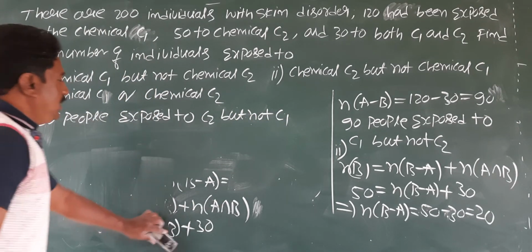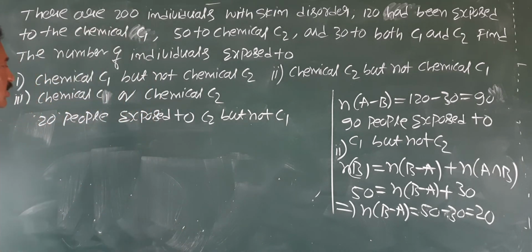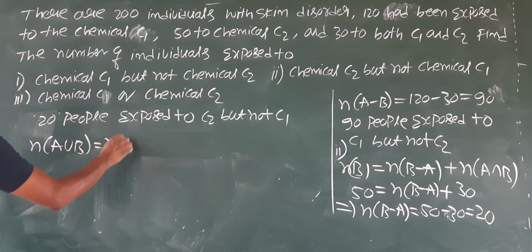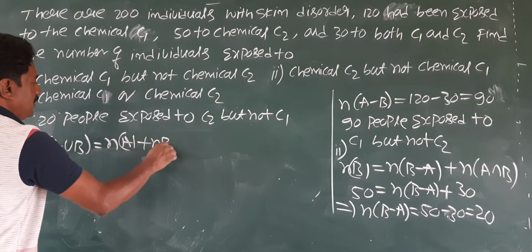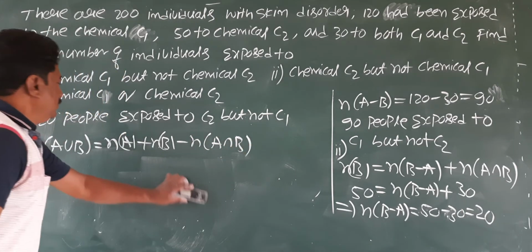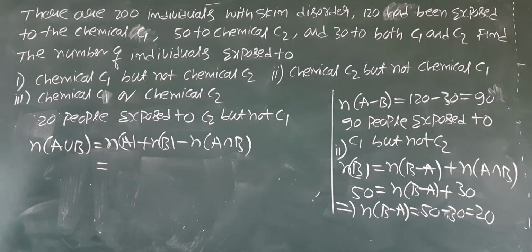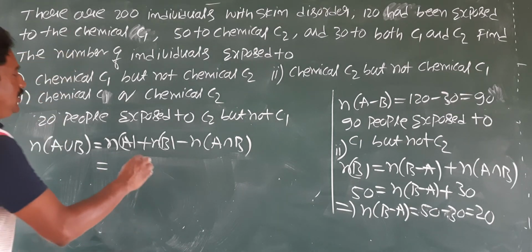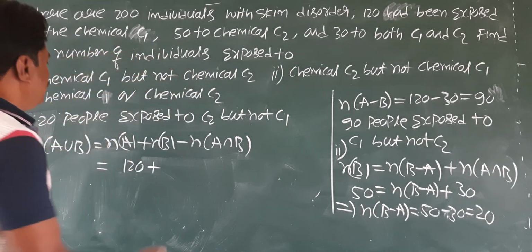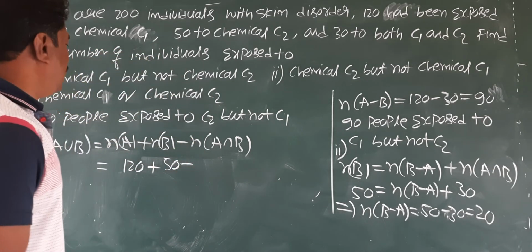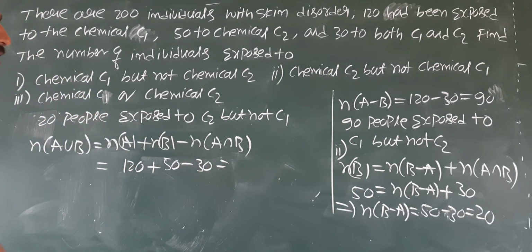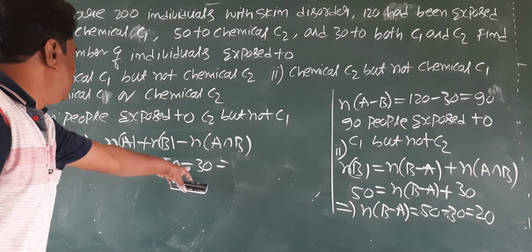Last question: A union B is required. As usual, the number of elements in A union B is equal to Na plus Nb minus N of A intersection B. Na is 120, plus Nb 50 minus 30, which is 20.